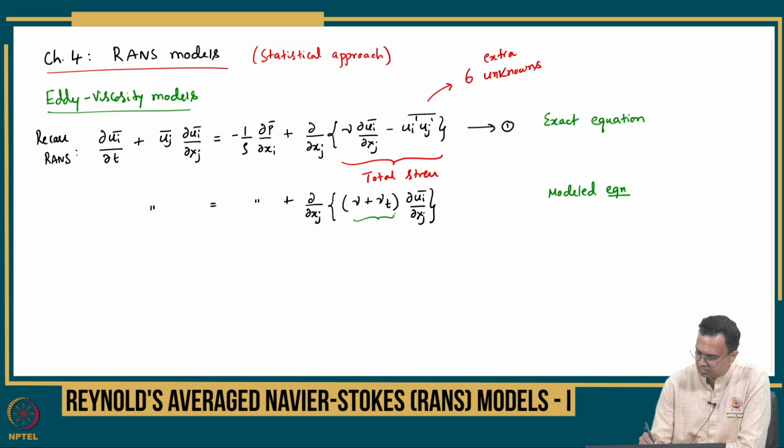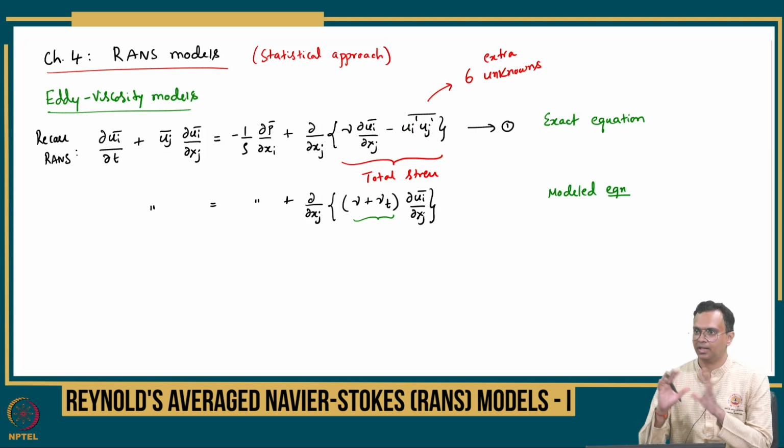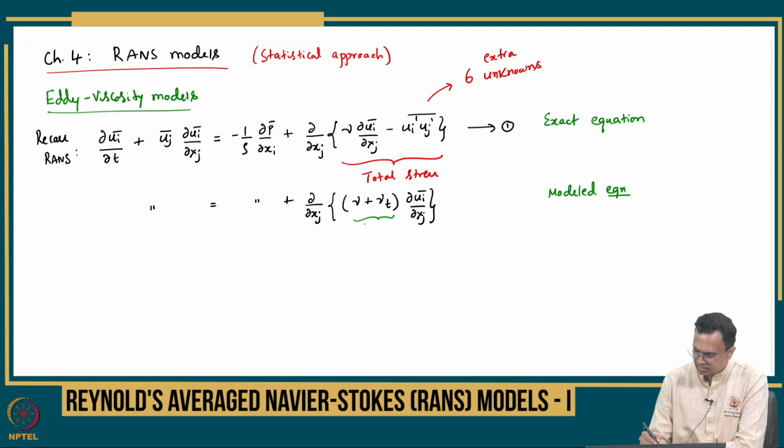And here the idea of this total stress is being used as a lumping together, and this particular term is also called mu effective, the effective viscosity.